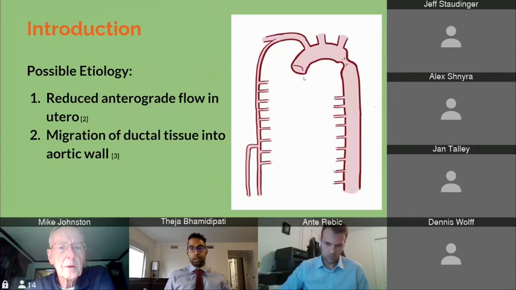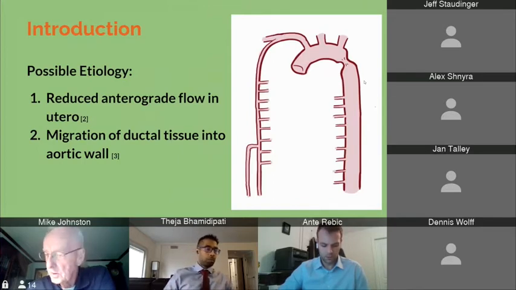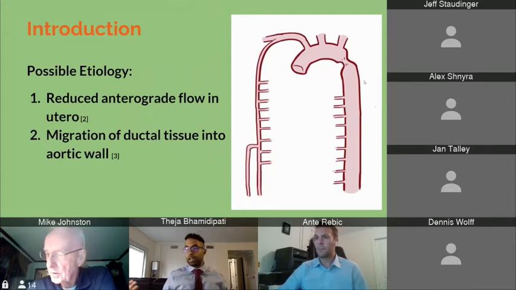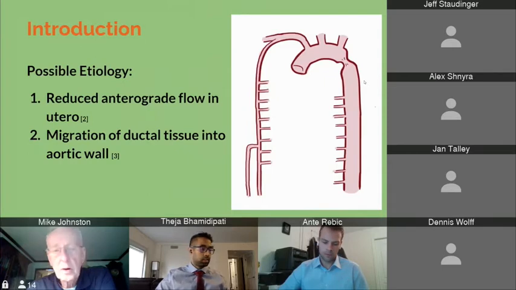And the most at-risk area is distal to the isthmus near the left subclavian artery, where all the branches branch out, and it's the area with the least amount of oxygenation, which would imply decreased formation of the vasculature. Now, the second theory, the most common one in my opinion, is that there's abnormal migration of ductal tissue into the aortic wall. Now, the migration of this tissue can happen for numerous reasons, and anyone's guess is as good as mine because it's honestly an idiopathic process.